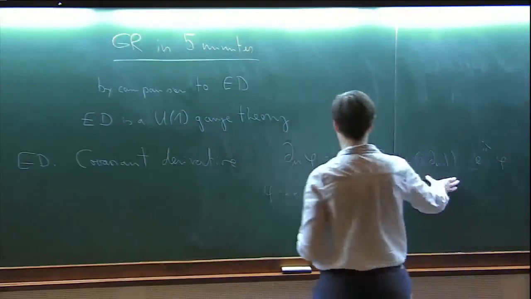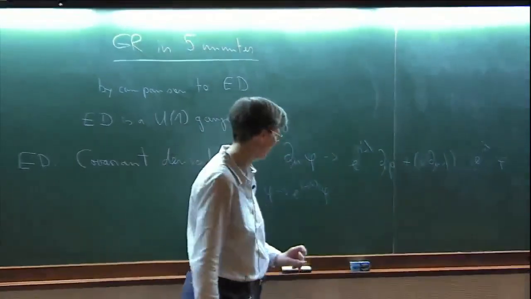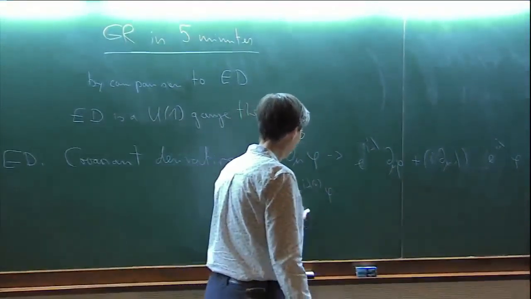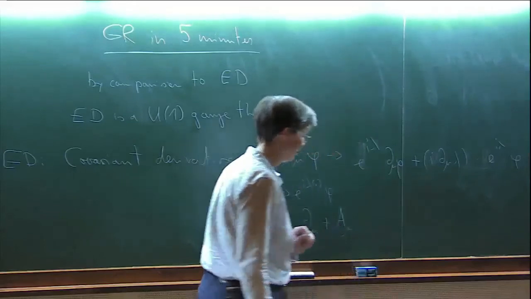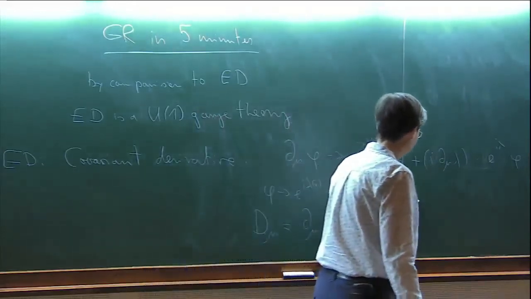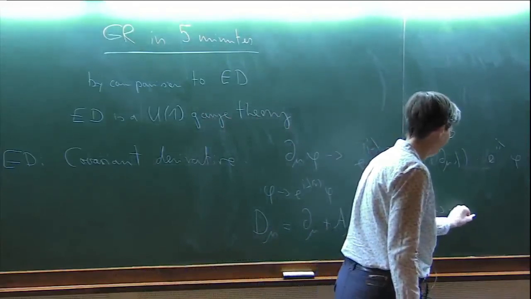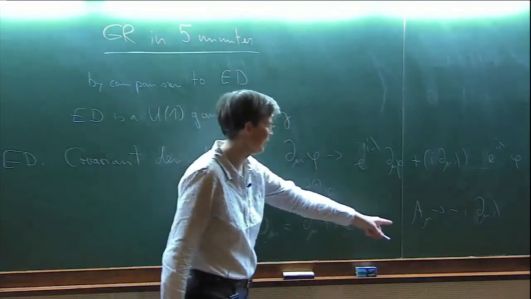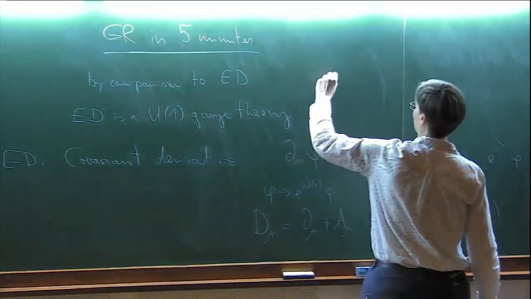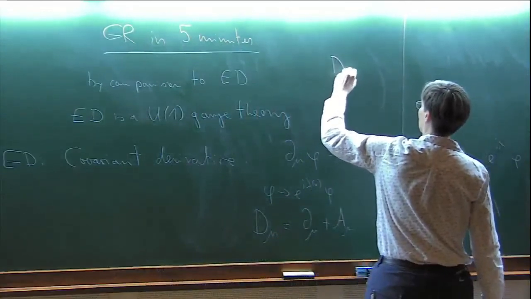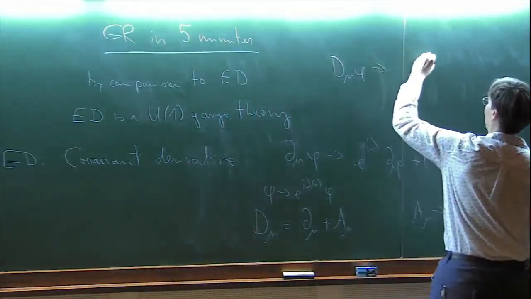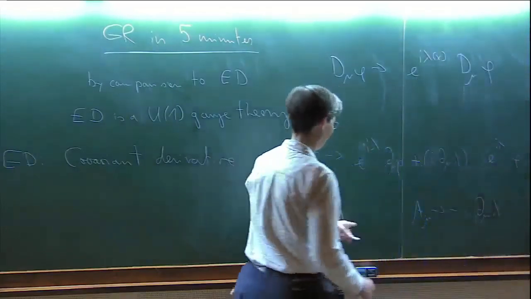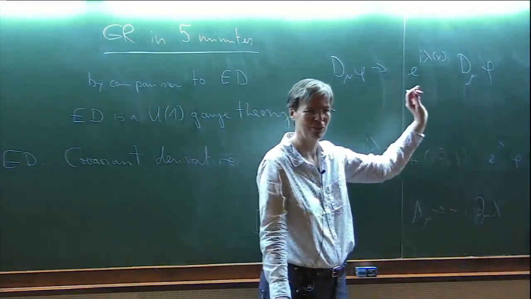This is not so nice because this is an ugly piece, so you want to subtract it. You define a new derivative D mu, which is d mu plus A mu, and A mu should go to A mu minus i d mu lambda. Then if you do the transformation of D mu phi, it will go to e to the i lambda D mu phi, because this transformation cancels this piece. I hope everyone is familiar with that.